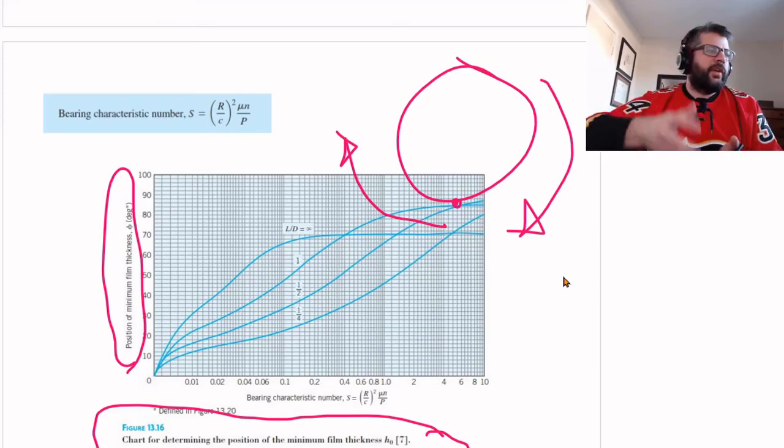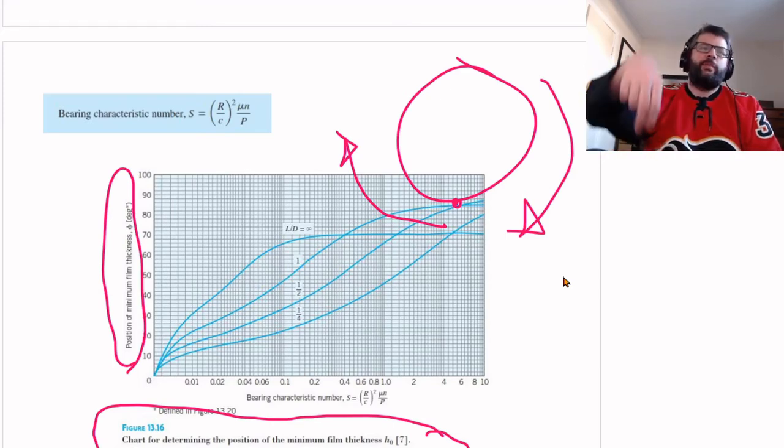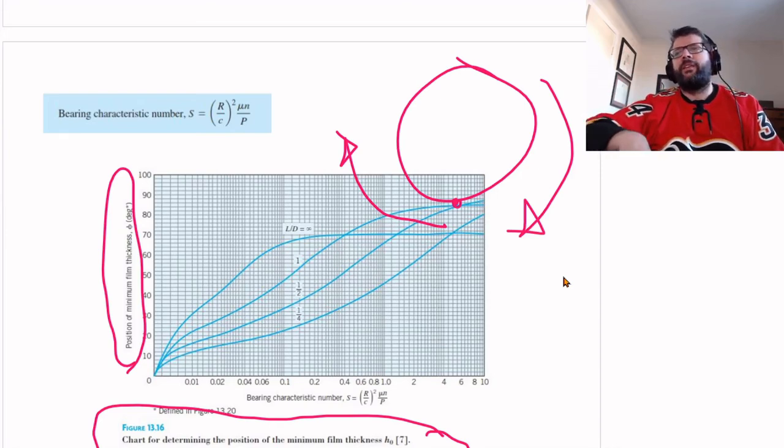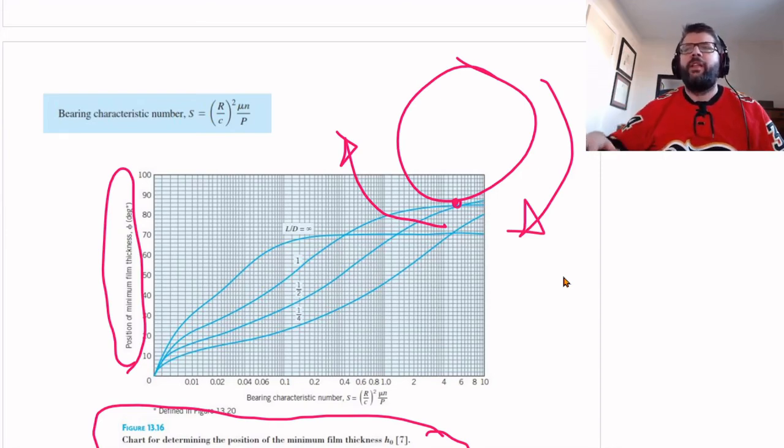When we're at rest, the minimum film thickness is at the bottom because it's sitting there with metal on metal contact. As you speed up, the position of the minimum film thickness shifts in the direction of the rotation.